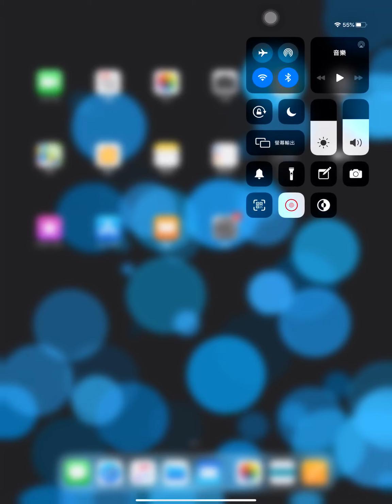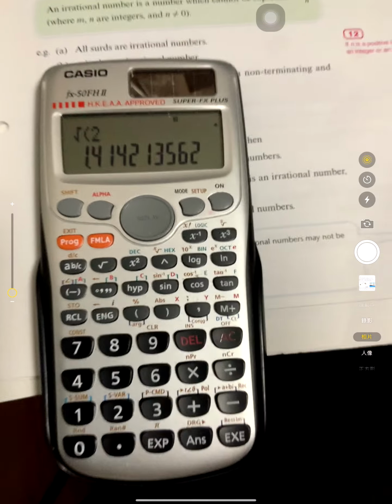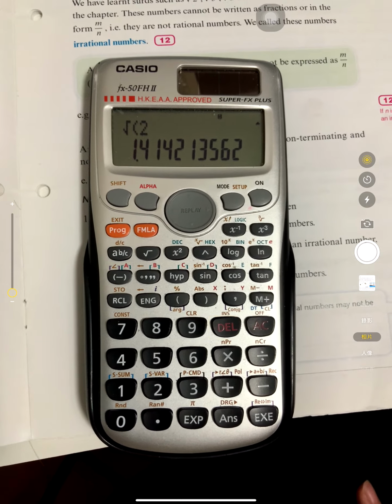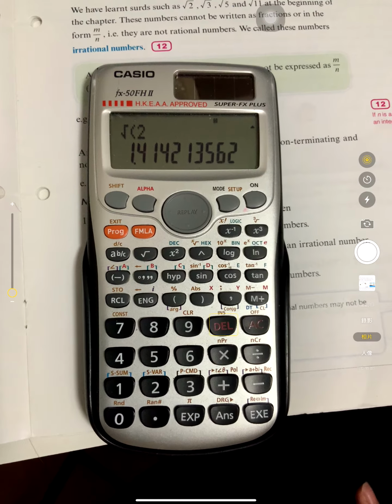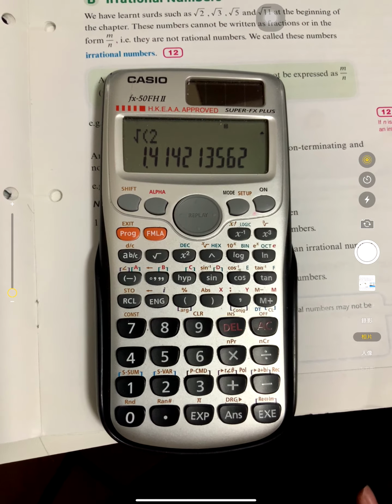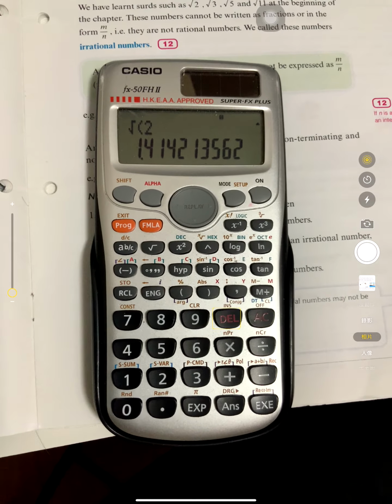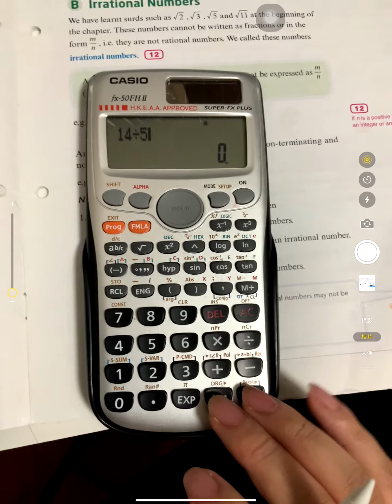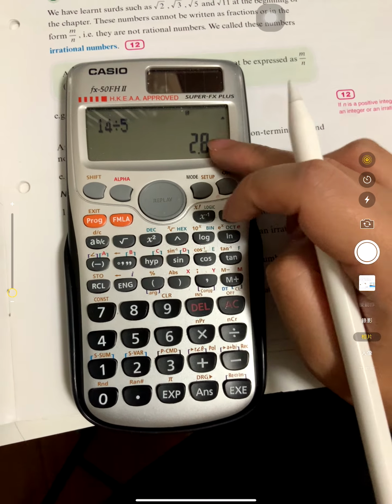So I'm going to show you the calculator. I think some of the students may have heard about this before: how we can change the answer to a fraction by using the calculator. For example, 14 divided by 5, we know that the answer is 2.8.